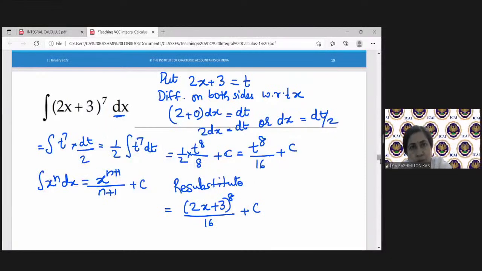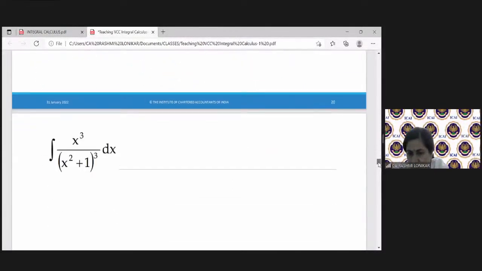I put 2x plus 3 is equal to t, and then I differentiate on both sides, and I get 2 dx is equal to dt. So I have to substitute not only for the x term, but also for the dx term.